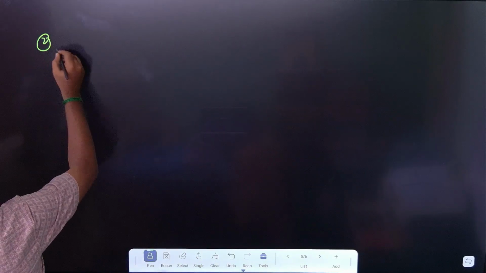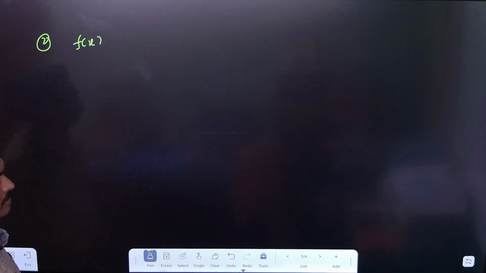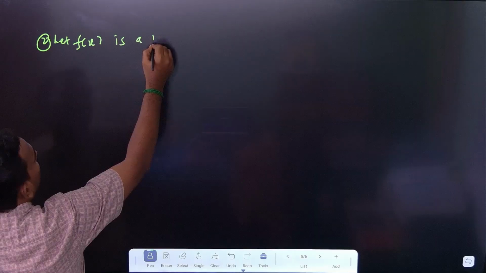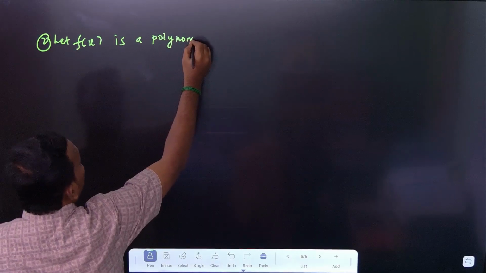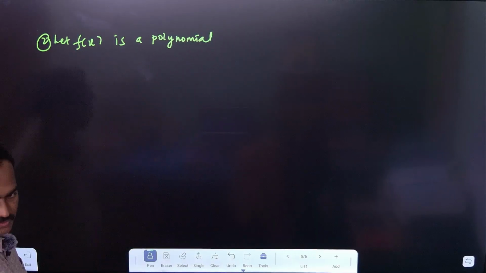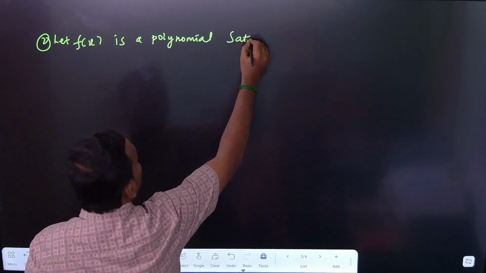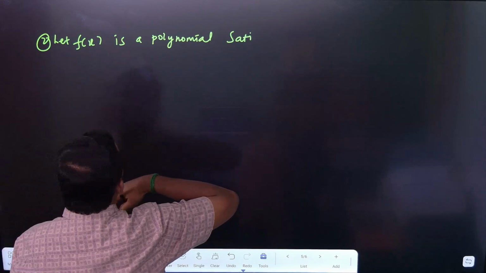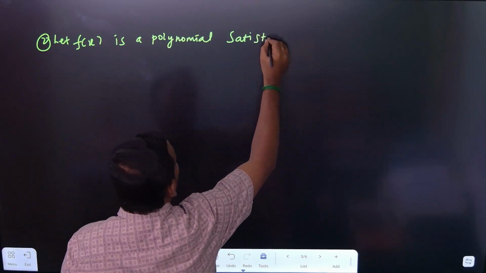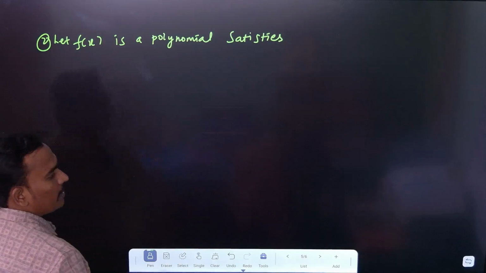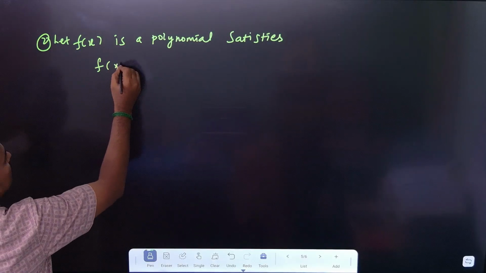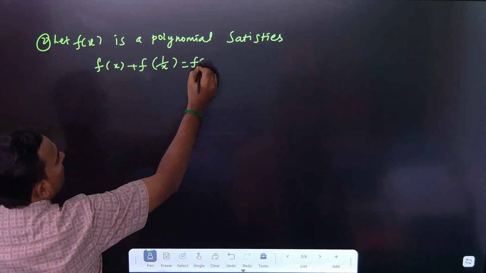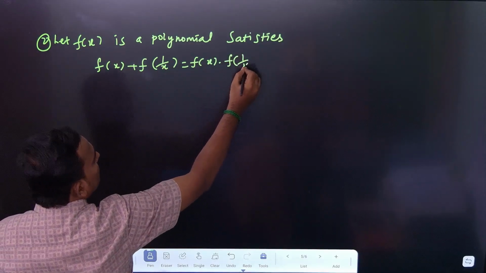Second question, you can see f of x. Let f of x be a polynomial that satisfies, what is the condition given to you? f of x plus f of 1 by x is equal to f of x into f of 1 by x.